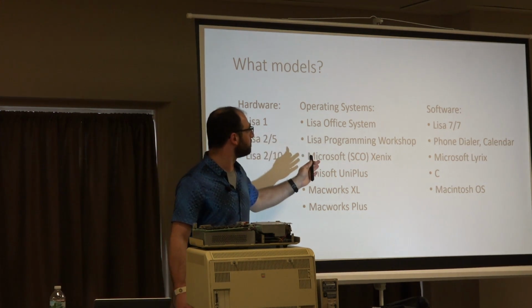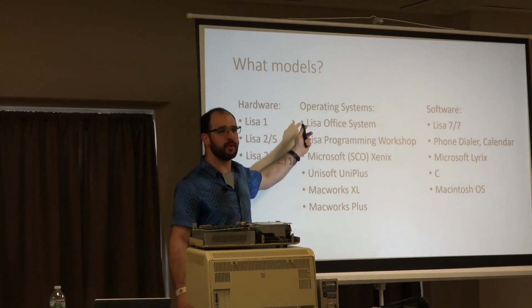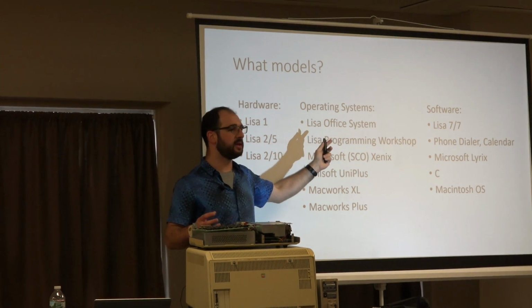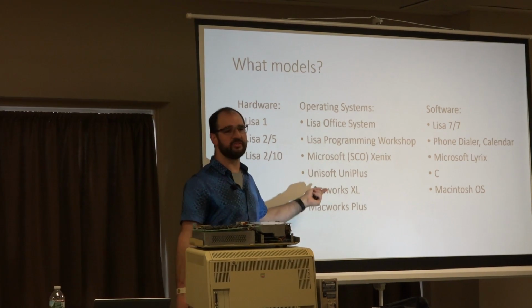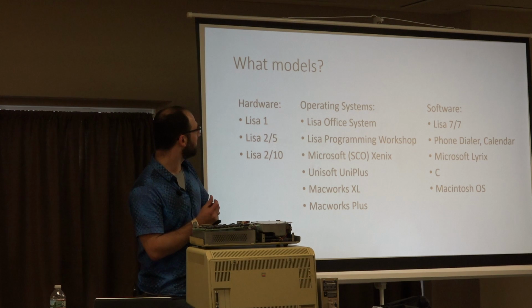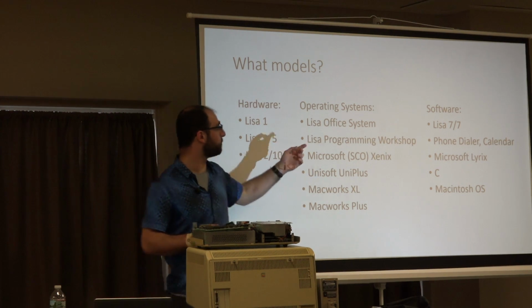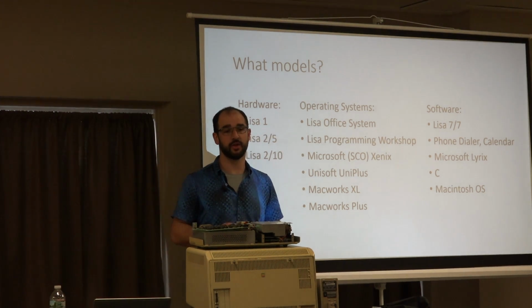So in the software, the Office system is the bespoke operating system, and the Office suite they called the 7/7 because it's 7 applications working as one. There was very little third-party software ever made for the Lisa. There was a phone dialer and calendar application.